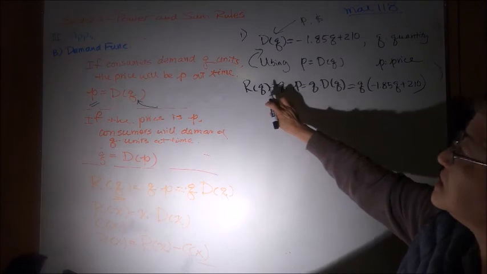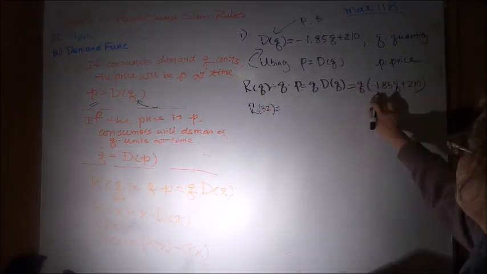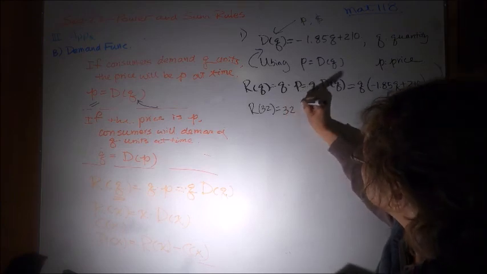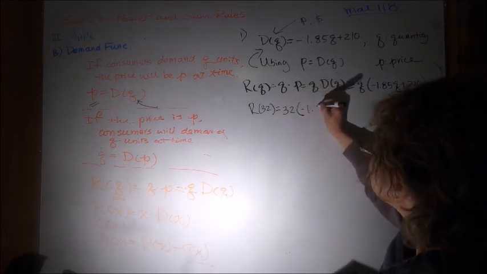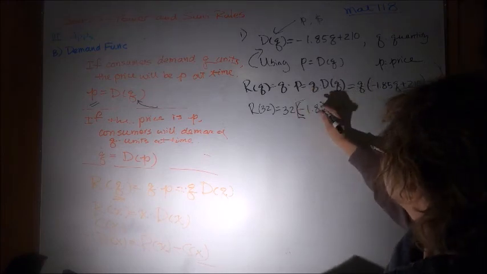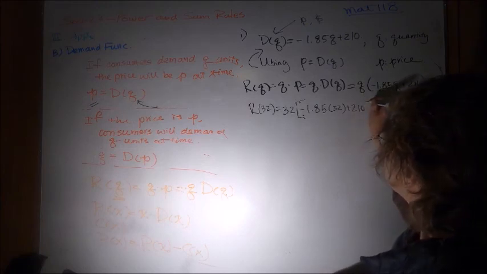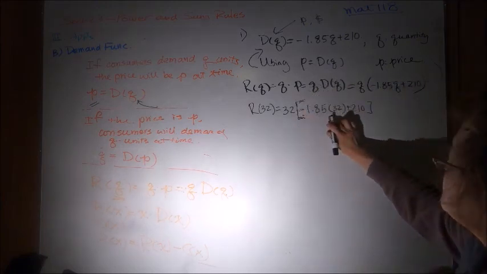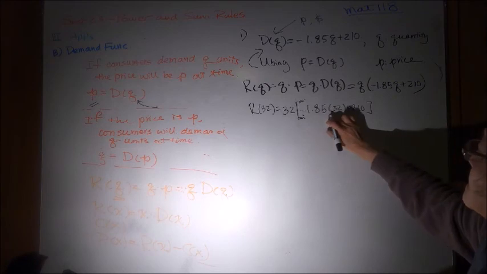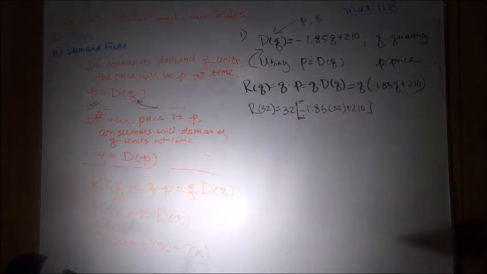So your quantity is 32. You plug in 32 to here. So that's your quantity, then that's your price, plus 210. So that's your price when you sell 32 items, then times 32 items.